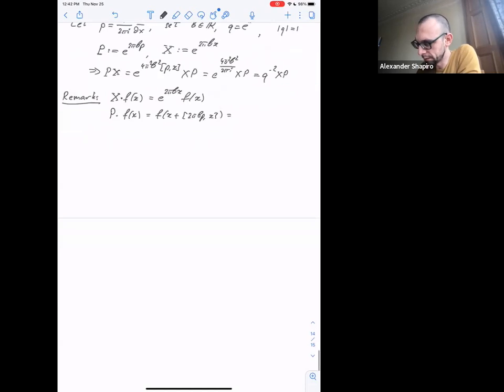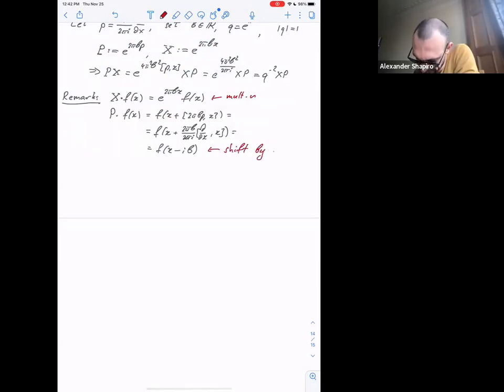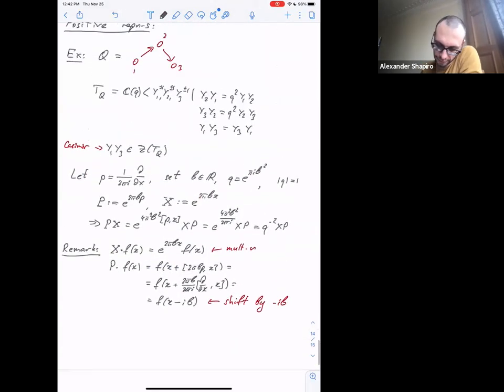If we remember what p is, this is f of x plus 2 pi b over 2 pi i d over dx commuting with x. So this is just f of x minus ib. So this is a shift by minus ib. Once again, X is multiplication and P is a shift by minus ib.